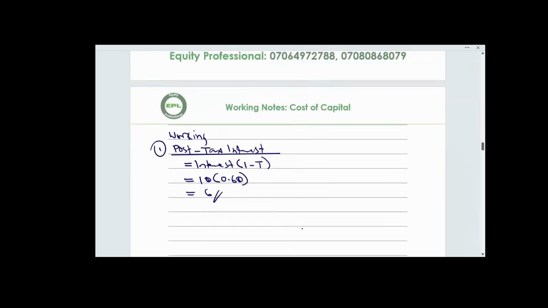Post-tax interest is computed as interest multiplied by 1 minus the tax rate. So interest is 10%, which is 10 naira. Tax rate is 40%. 1 minus 40% will give us 60%. So multiply by 10, 6 naira. The annual interest that the company will pay per unit of the debenture is 6 naira.